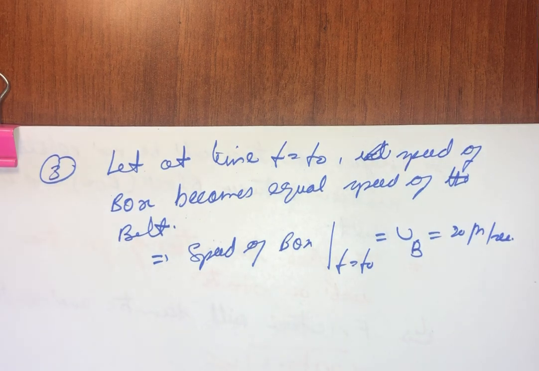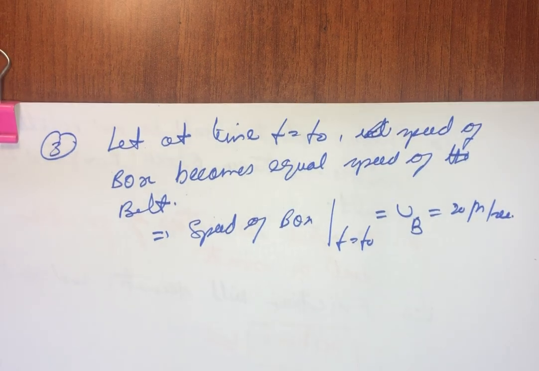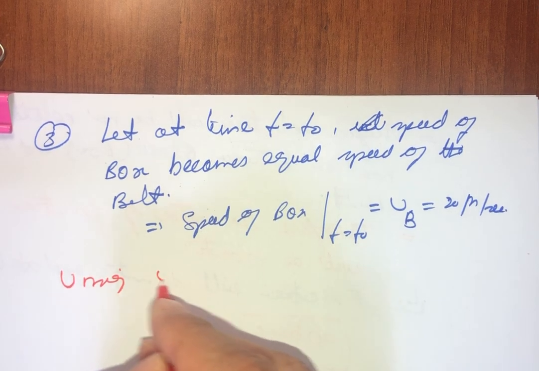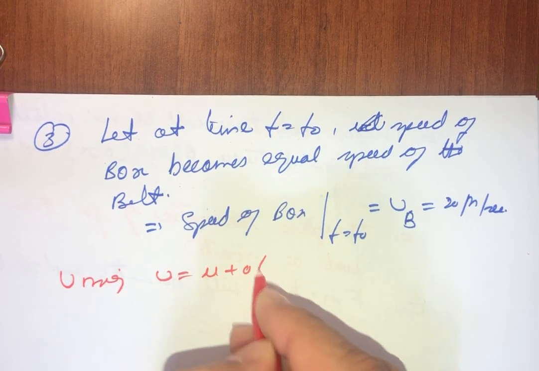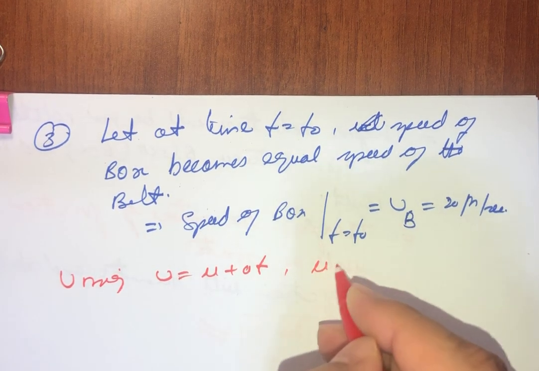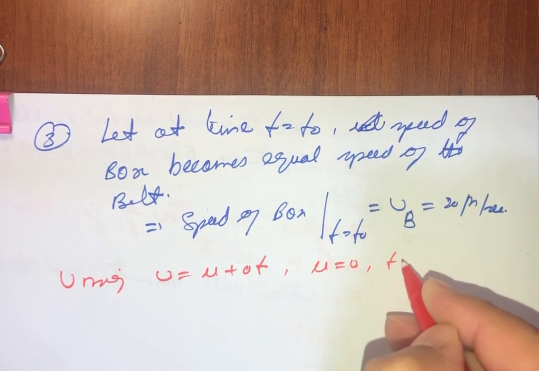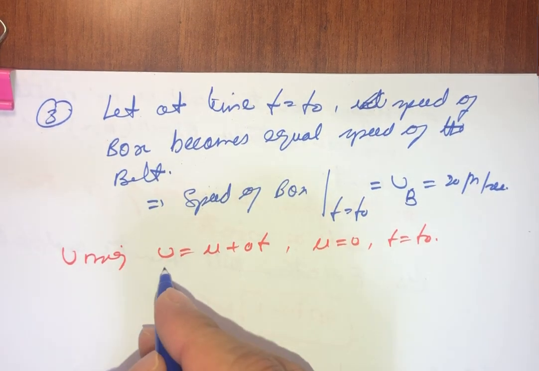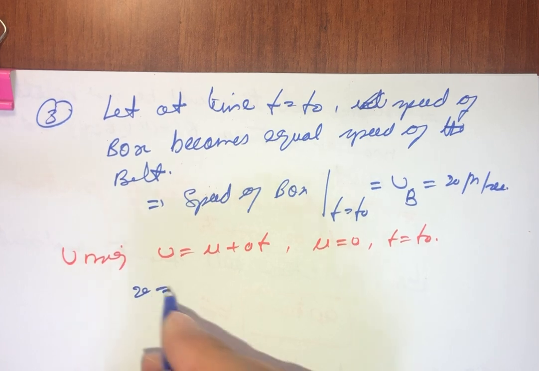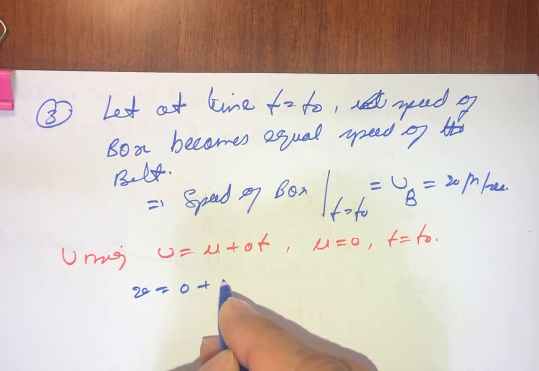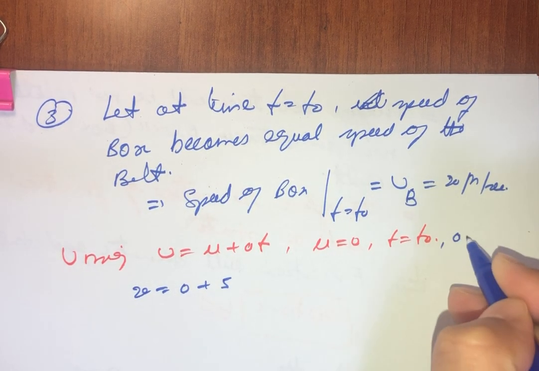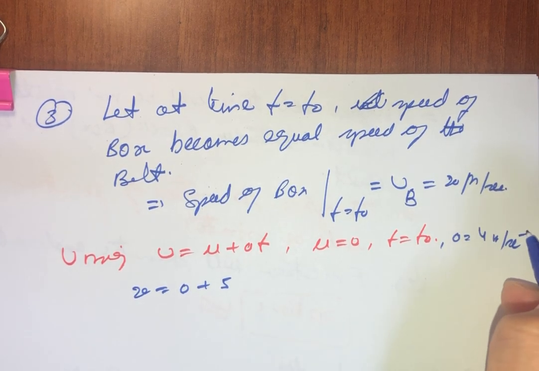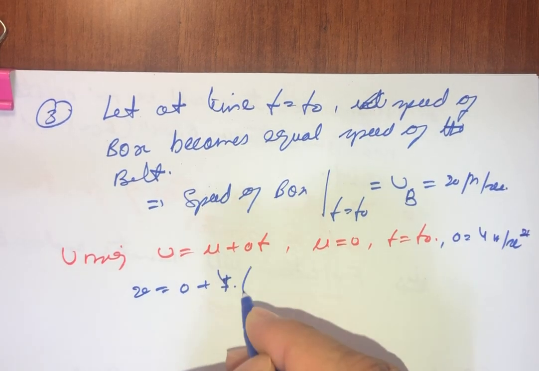And we already know that the initial velocity is 0, so using v is equal to u plus at, and u is 0 and t is t naught, so we can say v is our 20 and u is 0, acceleration is, sorry, not 5 but 4 meter per second square, and t is t naught.